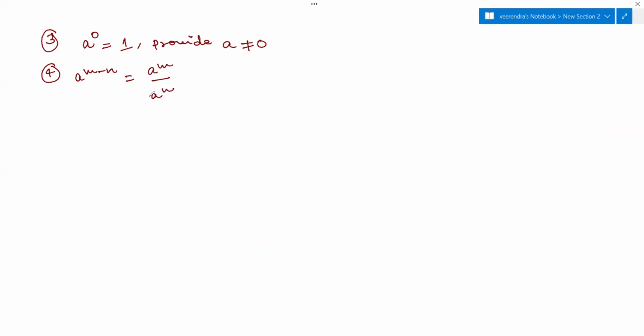Means if there are two terms which are in division and the base is same, then we take this term in numerator, obviously it will become negative, so we'll get a power m minus n, where m and n are rational numbers and a is not equal to 0.